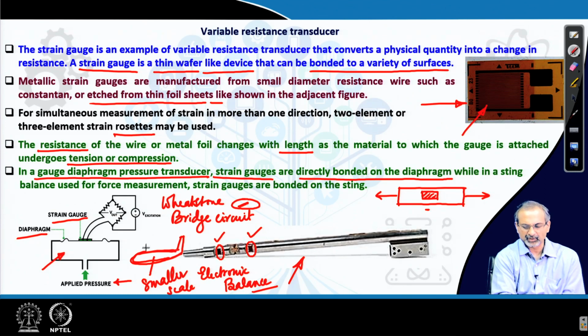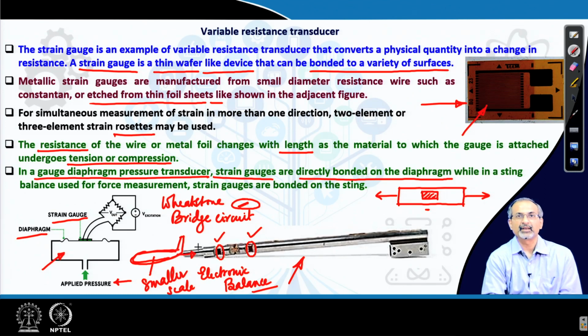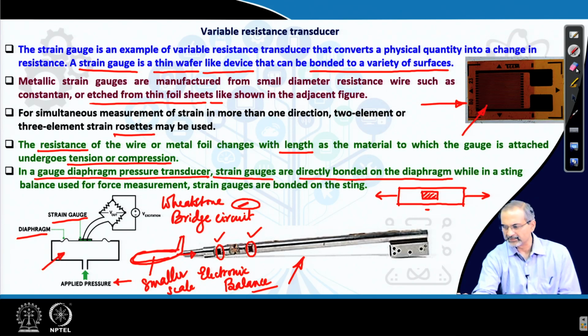So, you can understand that whatever loads are acting on this model get transmitted to this balance. The balance deforms to a very small extent, but even the smallest of deformations can be captured by these strain gauges, which are extremely sensitive to change in length, and consequently the voltage signal is generated.